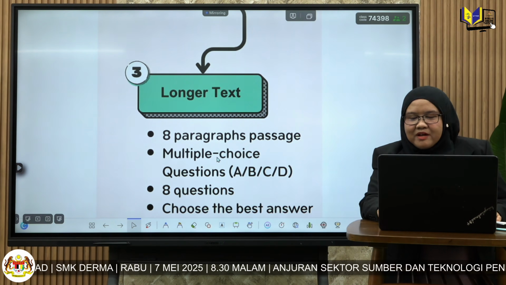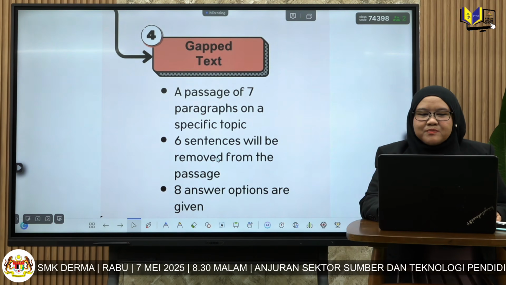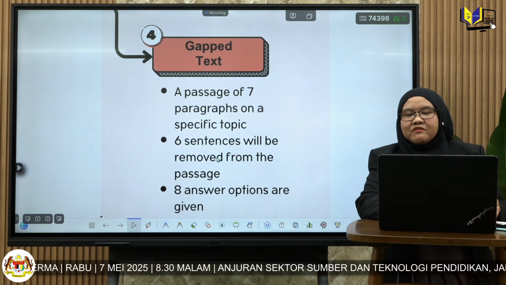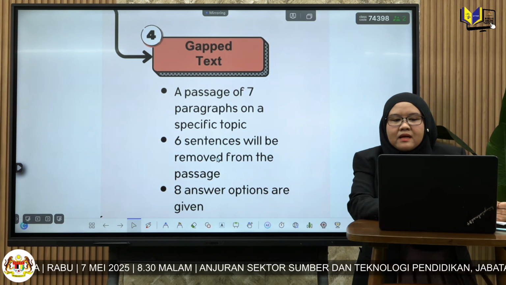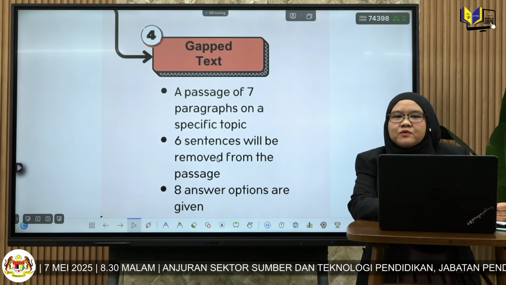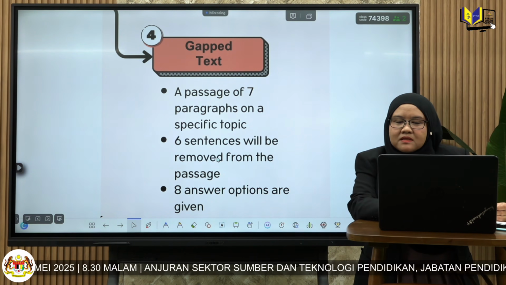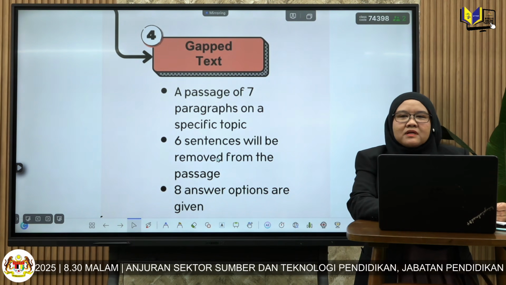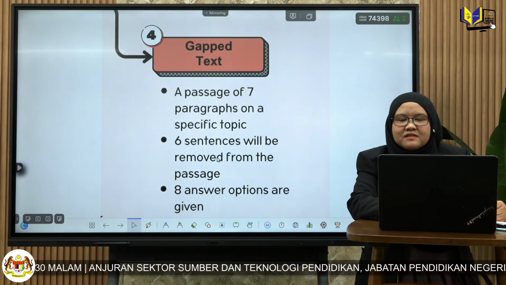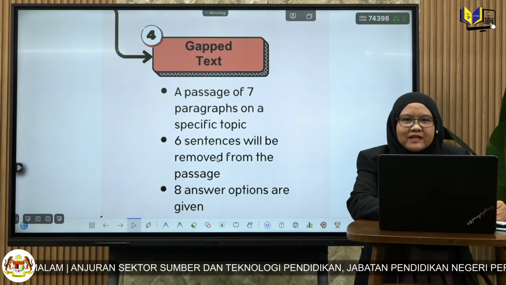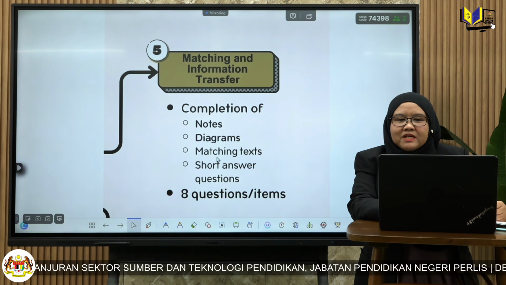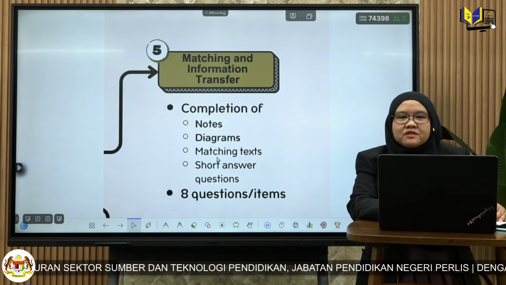All right, let's continue. The next part is gap text. Gap text consists of a passage of 7 paragraphs on a specific topic. 6 sentences will be removed from the passage, but candidates will be given 8 answer options to choose from. So it's going to be tricky, but I'm sure after the sessions finish, we can conquer them all. And the last one is matching and information transfer.